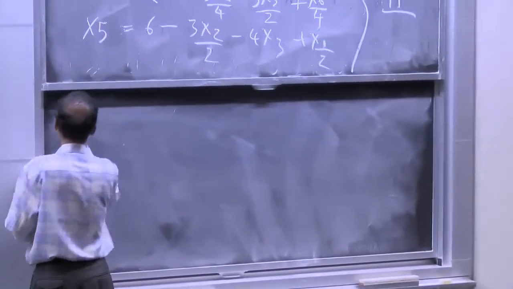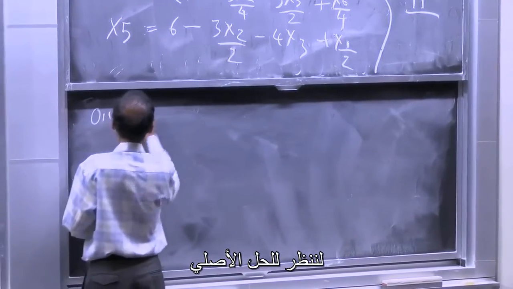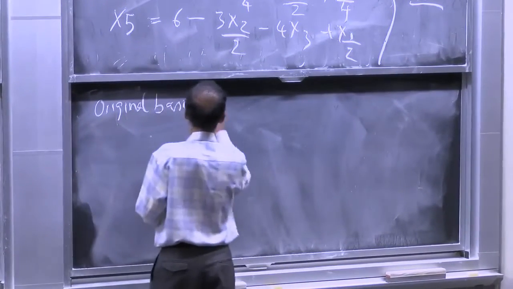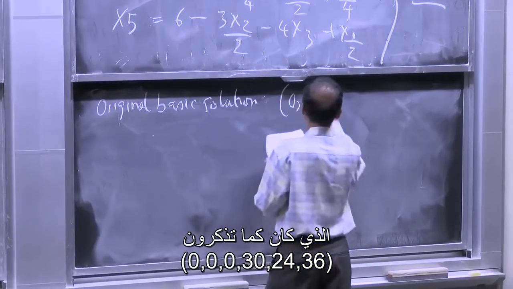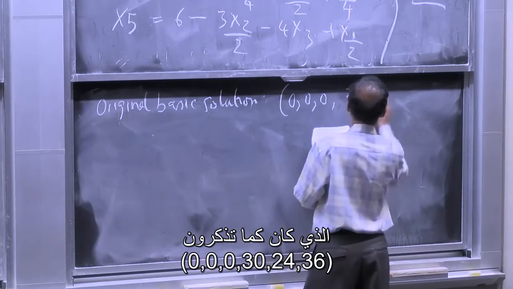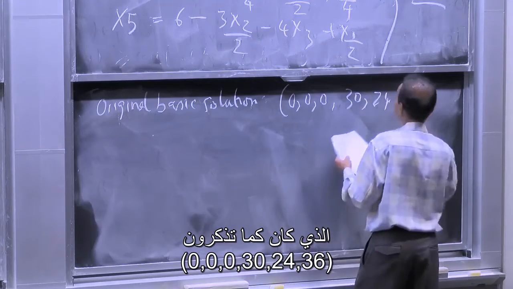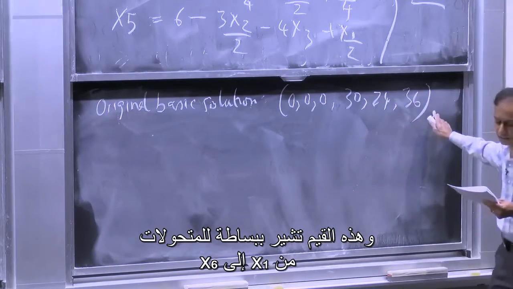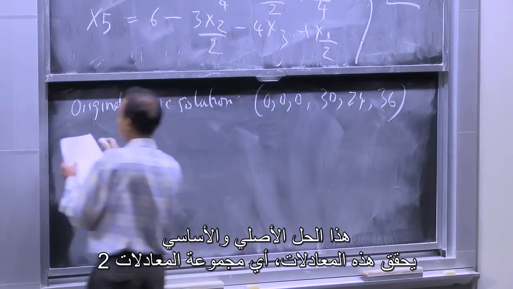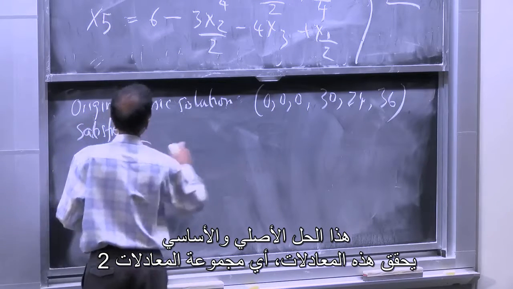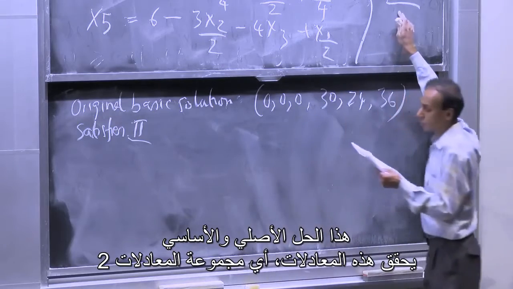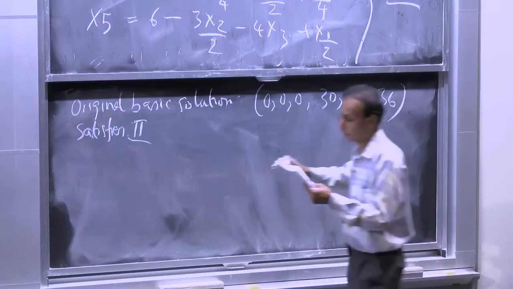And let's just look at the original basic solution, which, as you recall, was 0, 0, 0, 30, 24, and 36. And this is simply x1 through x6. This original basic solution certainly satisfies these equations, equations 2, if you just put them in there.